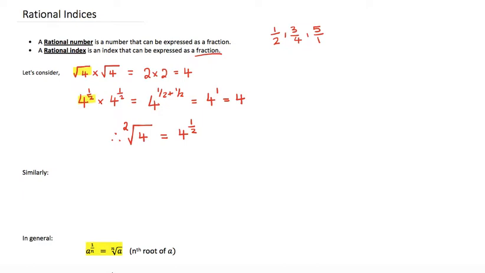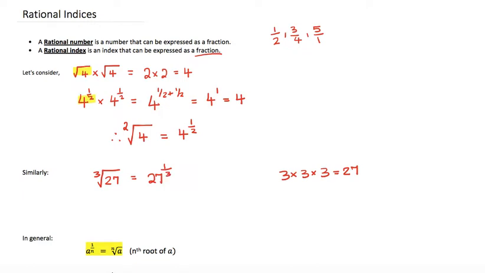Similarly, if we have the cube root of 27, so when I'm asking what the cube root of 27 is, that's 3, right? Because 3 times 3 times 3 is 27. But how else can I write the cube root of 27 as a rational index? I can write 27 to the power of 1/3. See how?